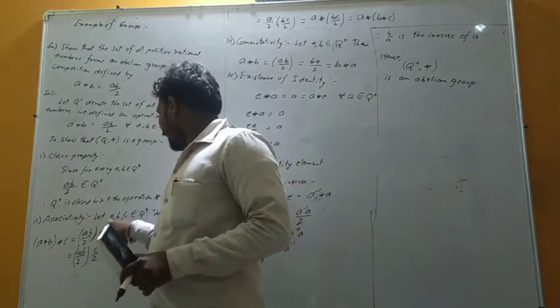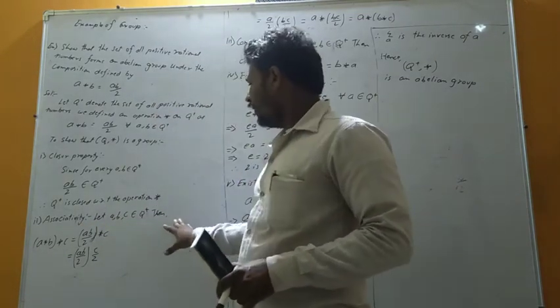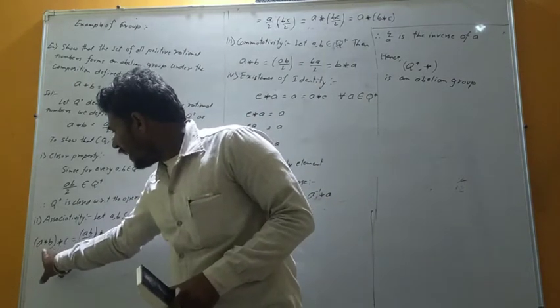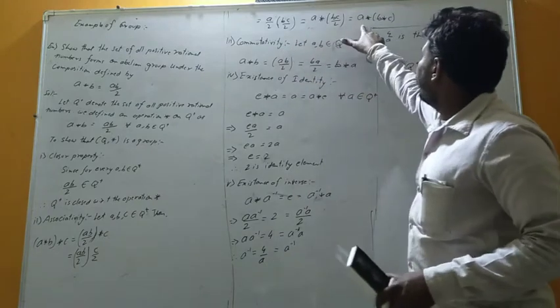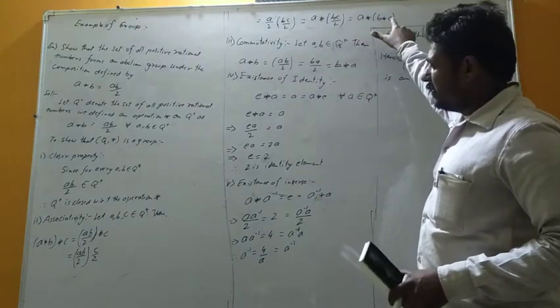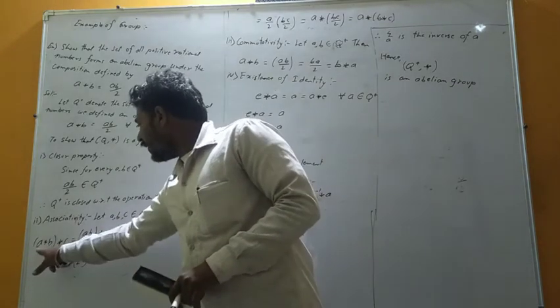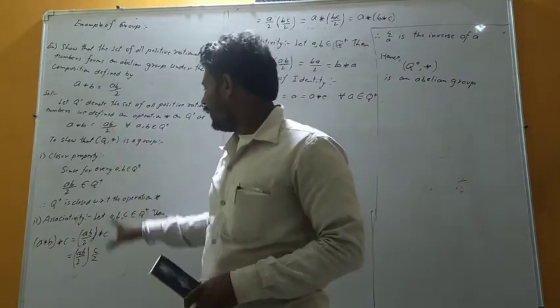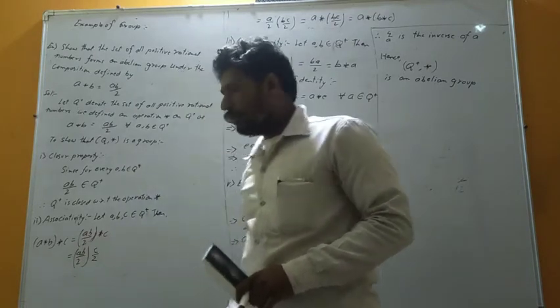Associativity. Let a, b, c be three numbers belonging to the set of positive rational numbers. Then (a star b) star c should be equal to a star (b star c). a star b, by our composition, is ab upon 2, star c.